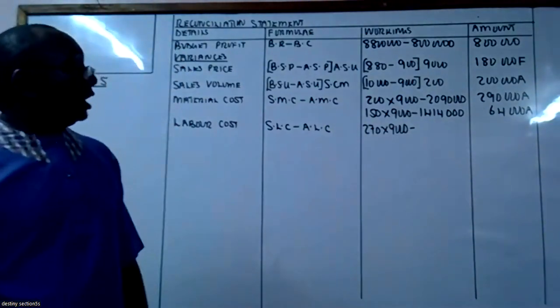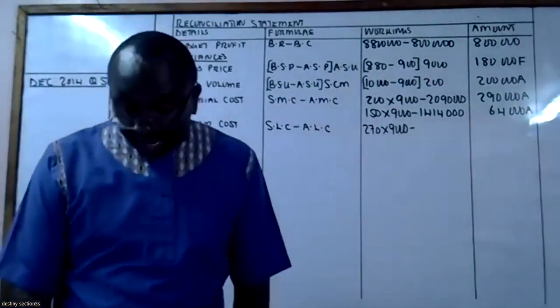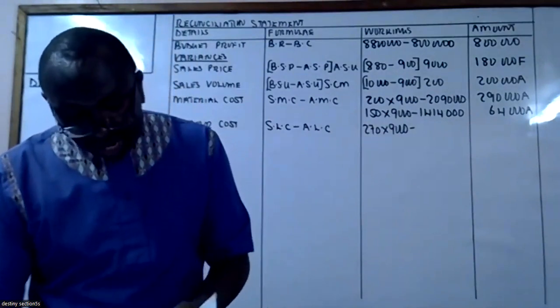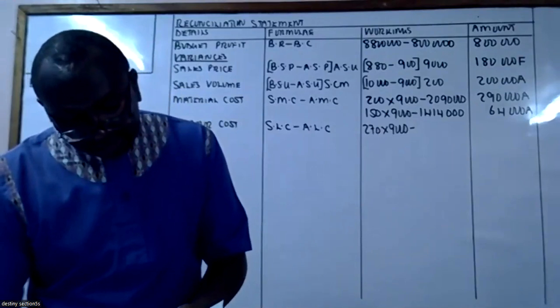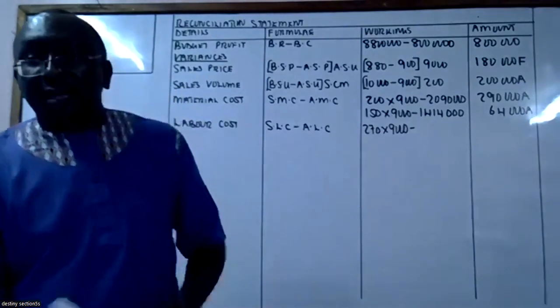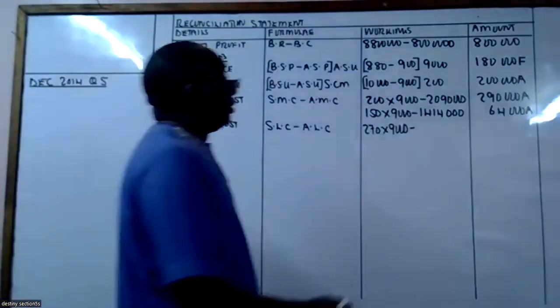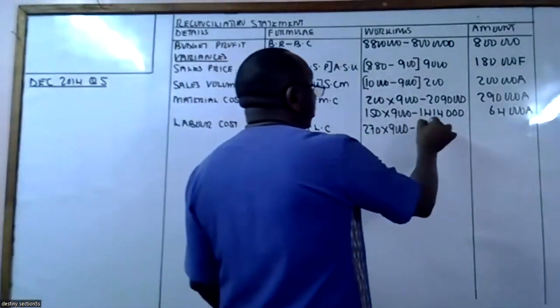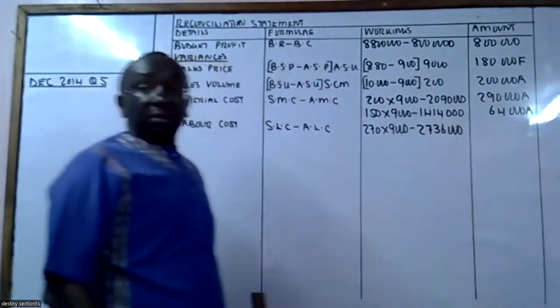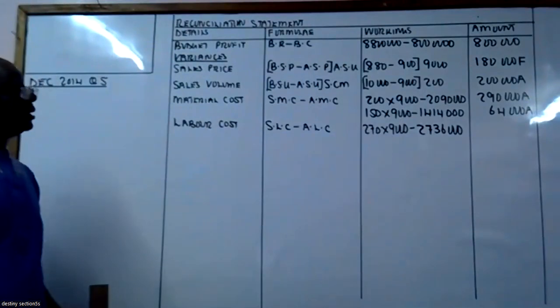So 270 times 9,000. Then you look down here where we have direct labor costs, and you find it is 2,736,000. Have you confirmed?